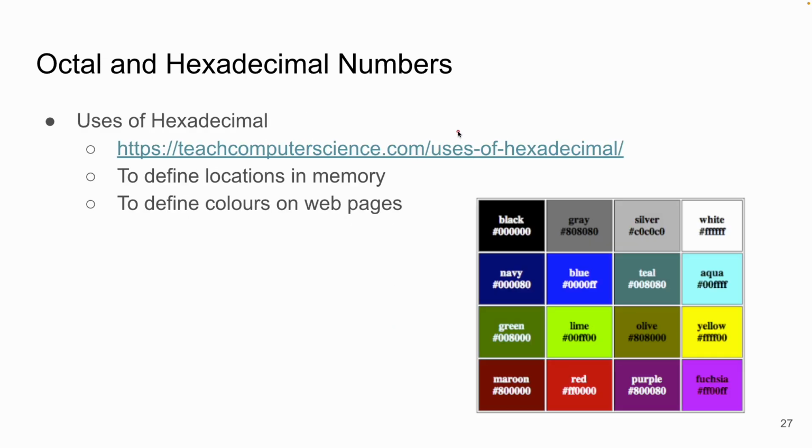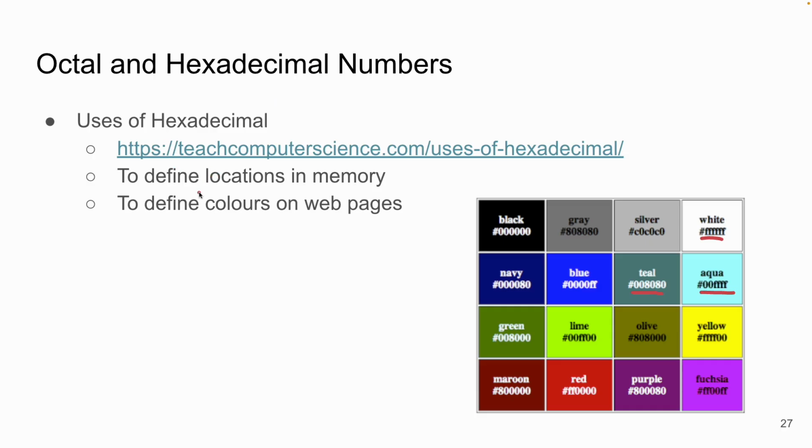Also, you might find the hexadecimal number pretty familiar if you ever built a website or wrote CSS by yourself. In the front end, we use hexadecimal values to represent different colors. So the color values you see on websites are actually hexadecimal numbers.